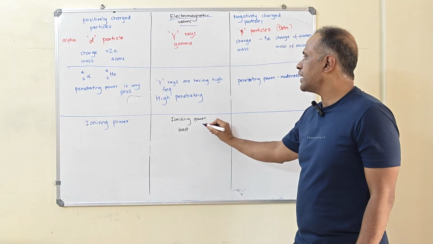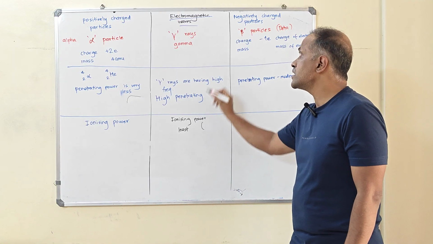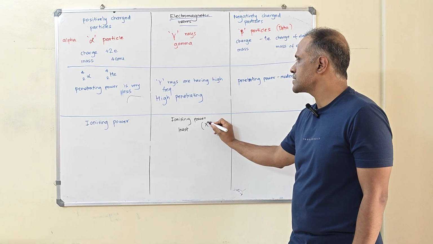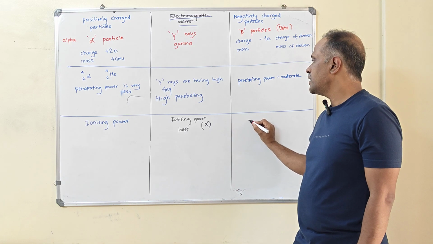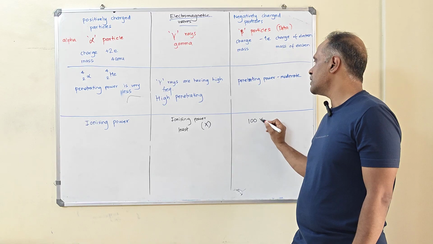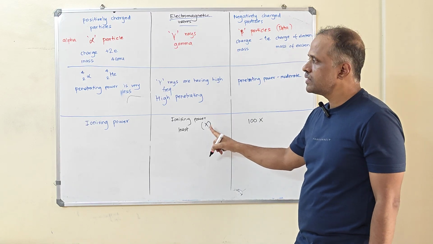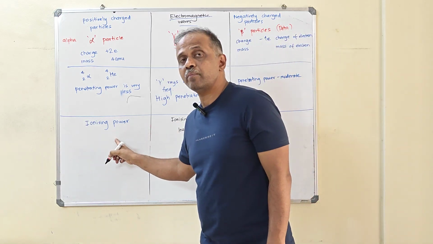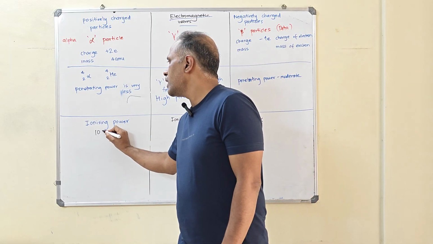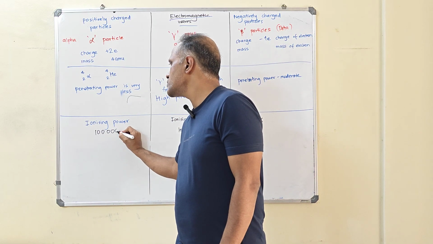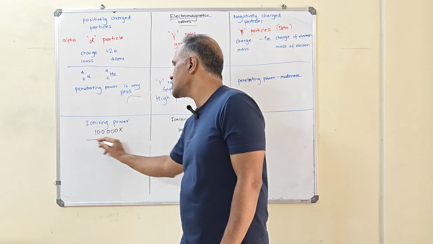If the ionizing power of gamma rays is X, then the ionizing power of beta particles would be 100 times that of gamma rays. And the alpha particle has the highest ionizing power, which is 10,000 times that of gamma rays.